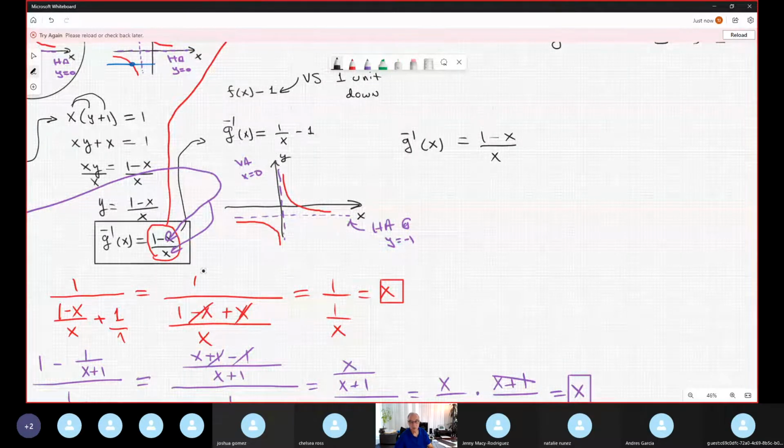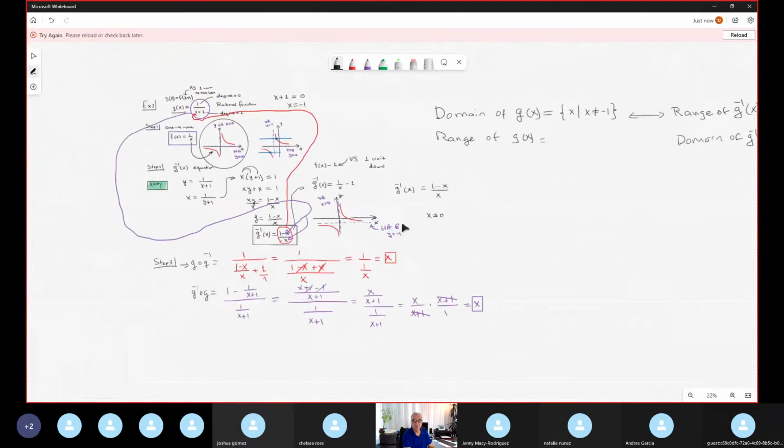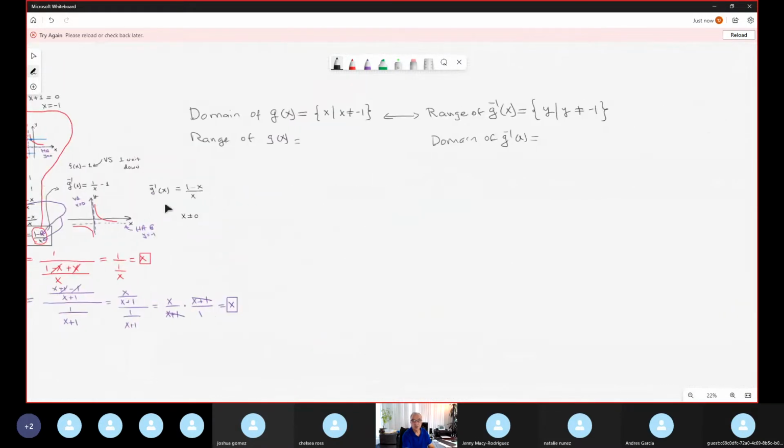If you want to determine the domain of this, it's easy. You take the denominator and the denominator non-zero. Therefore, the domain is x such that x non-zero, and the range of G is y such that y non-zero.